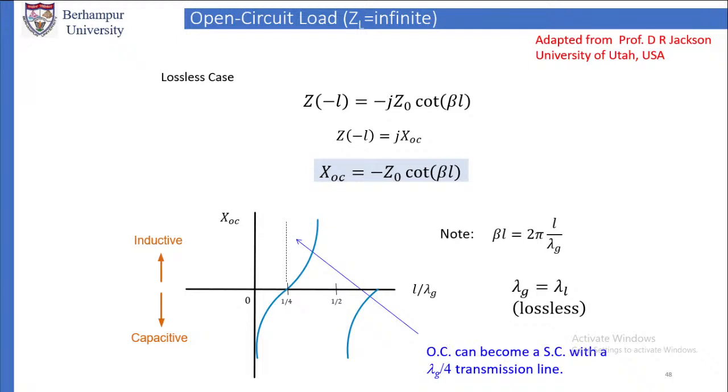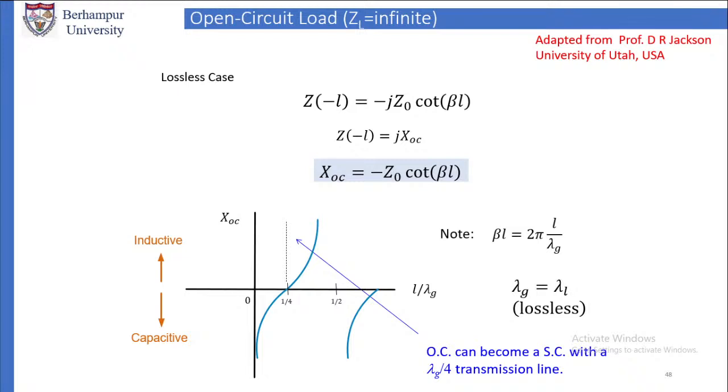Now let us again draw the curve plot for this one. XOC is equal to minus Z0 cot beta L. If we plot it, then on the x-axis we will take L by lambda g as in the previous case, and on the y-axis we will take XOC.